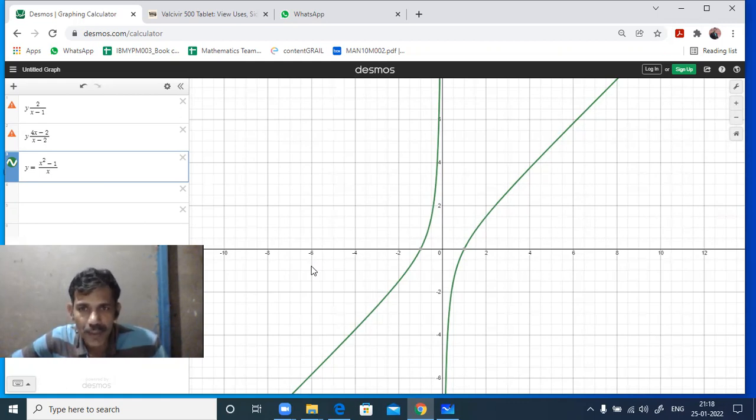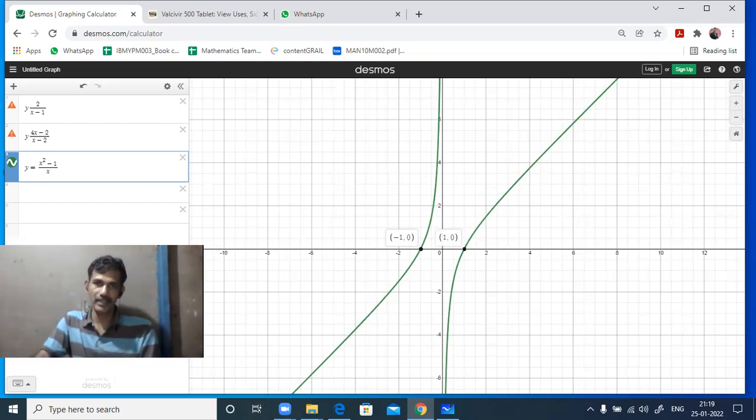When you are approaching 1 from the right side, f of x approaches plus infinity. Between 0 and 1, minus infinity. Between minus 1 and 0, plus infinity. And when you are approaching minus 1 from the left side, y values are approaching minus infinity.